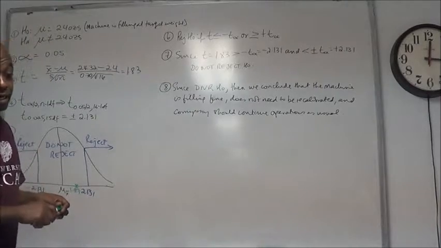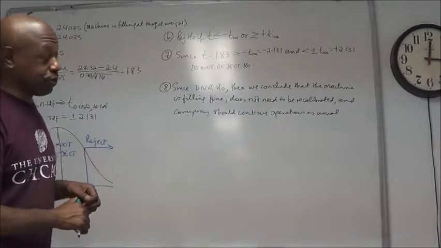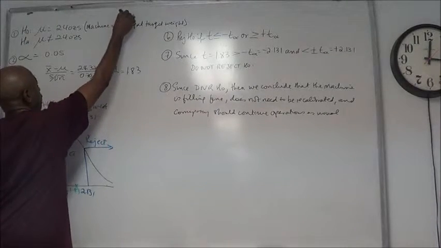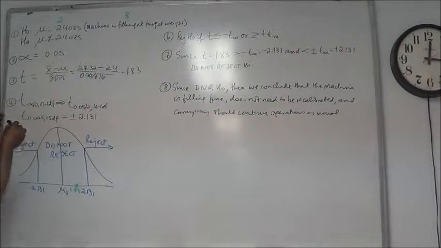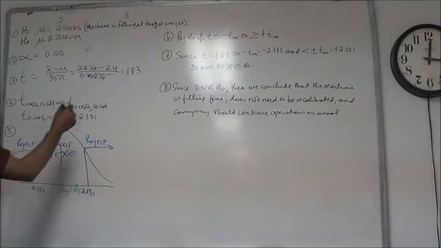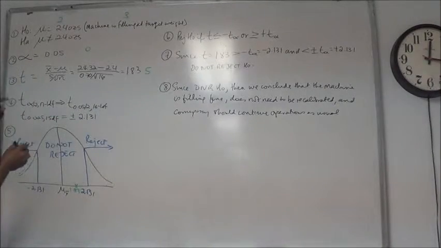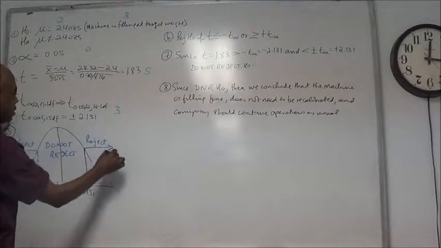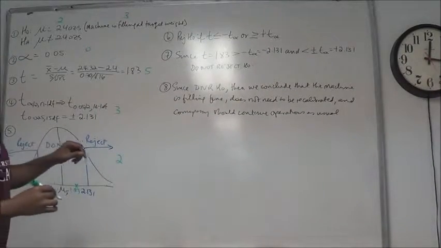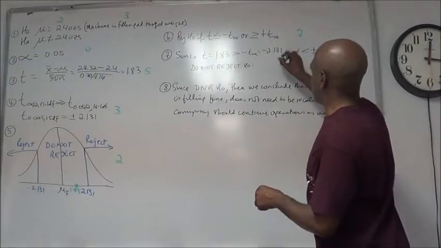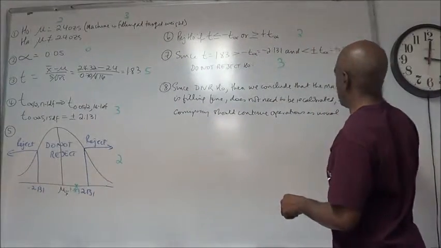So, just so you have an idea of how the grades are distributed on a question like this. This is worth 3, that's worth 2. This is worth nothing because it's given to you. Or if it's not given to you, you use 5%. This is worth 5. This is 3 and 2. 2, 3, 5.